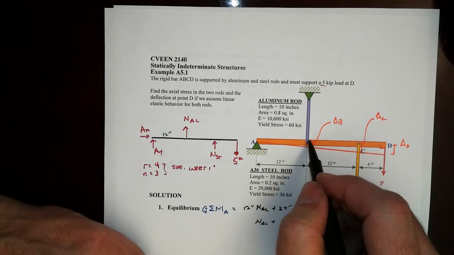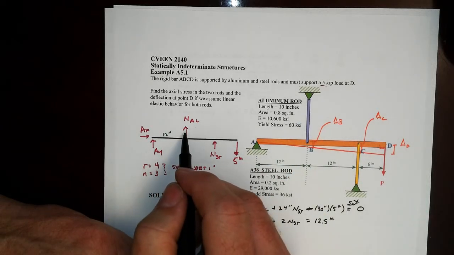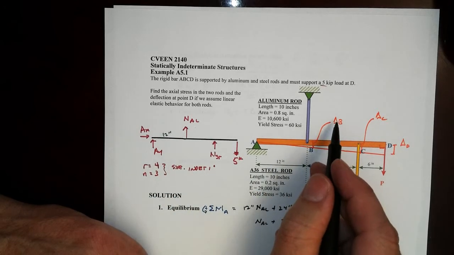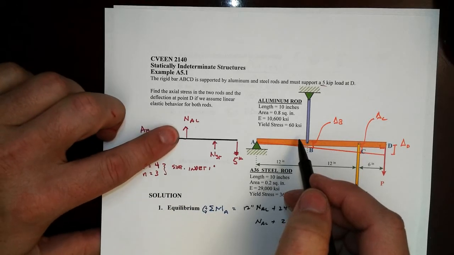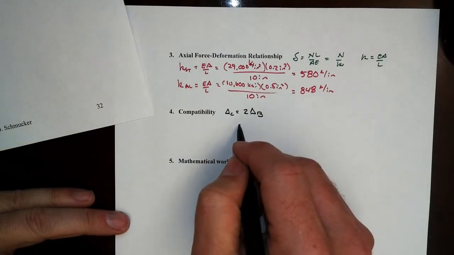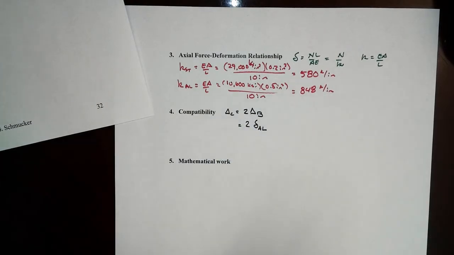Now note, if delta B goes downwards, then the rod has elongated, and that means that we have this tensile force in the rod that's shown as this free body. Delta B positive means an elongation of the rod, and the force here in the free body diagram is consistent with that. That tells me that delta B is the same thing as the deformation of the rod.